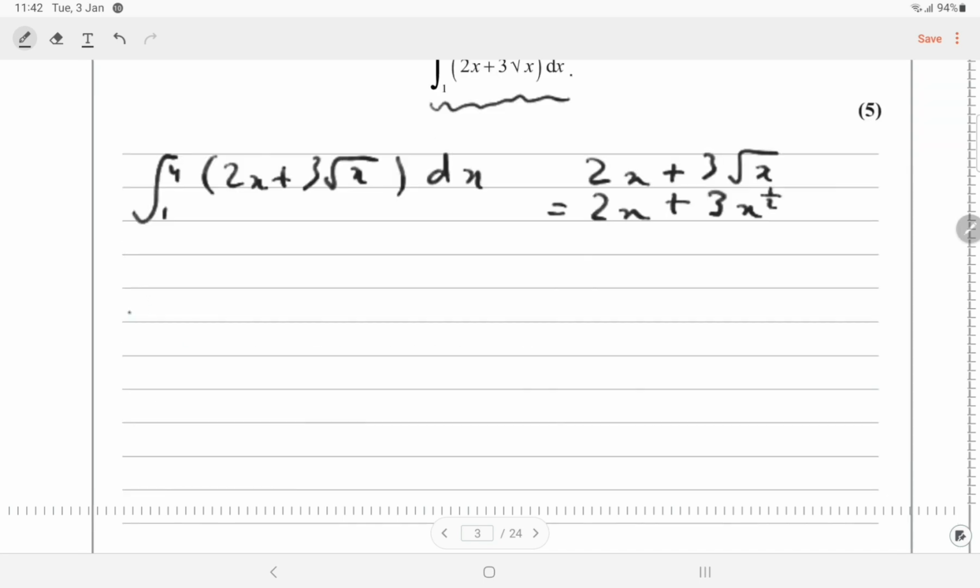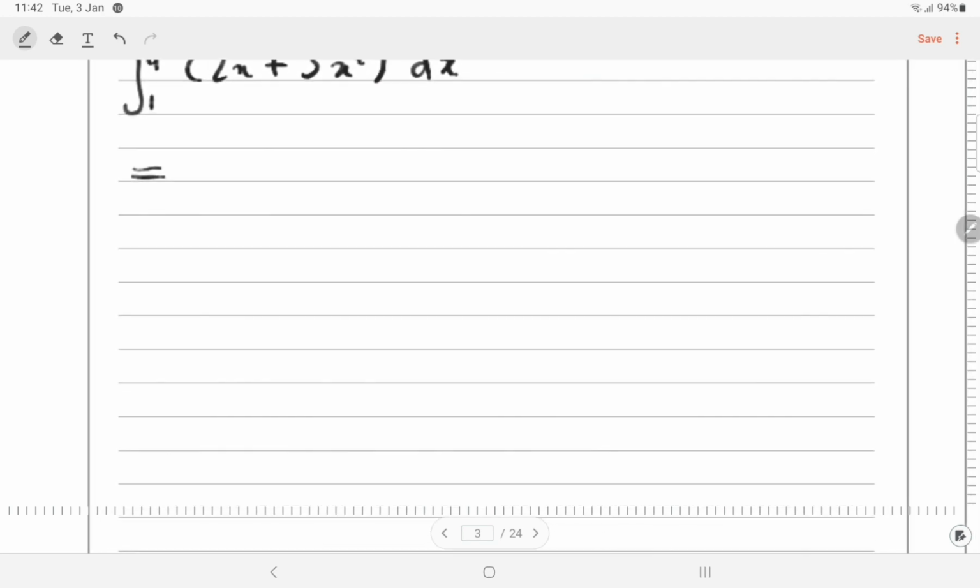So we can rewrite 4 upper limit, 1 lower limit, 2x plus 3x to the power half, close bracket dx. So now we can write that's equal to, we can now use the square bracket and write 2x to the power 1 plus 1 divided by 2.